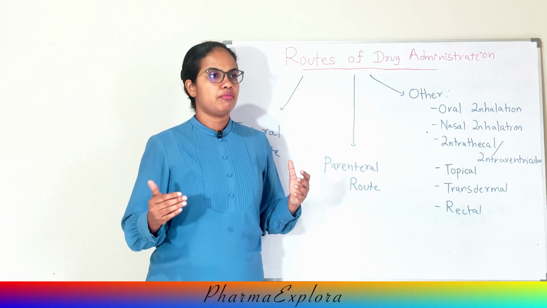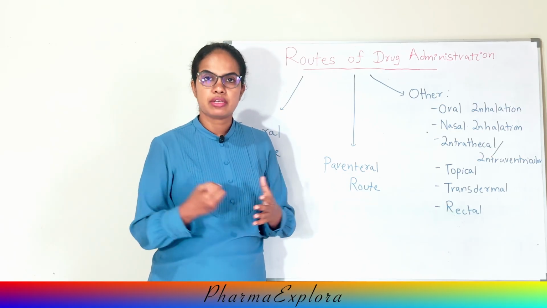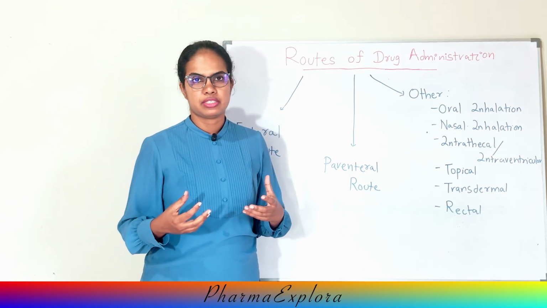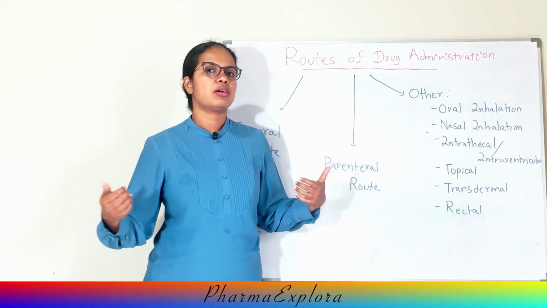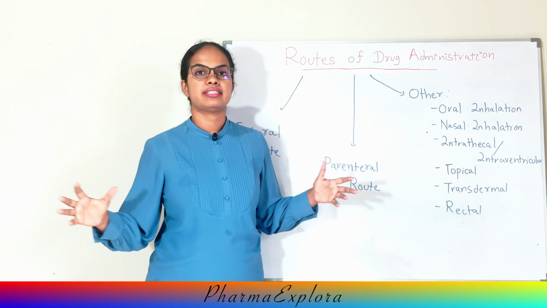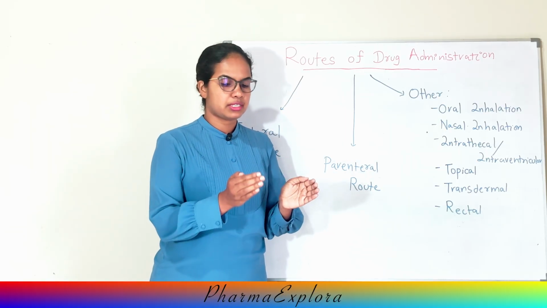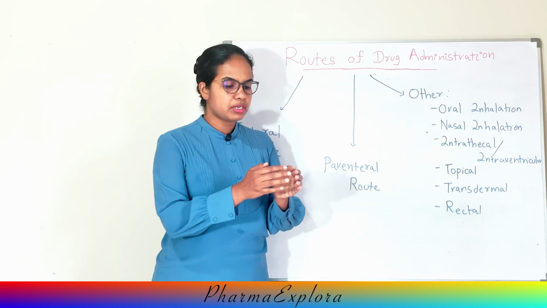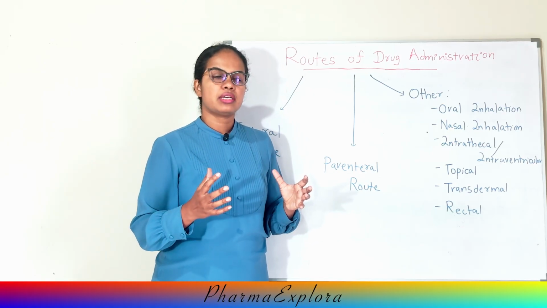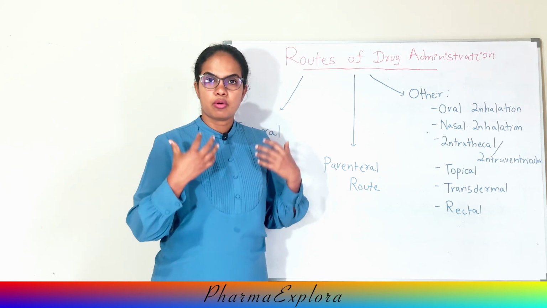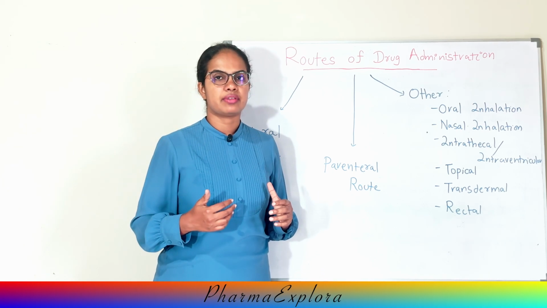For example, whether we want a rapid onset of action in an emergency, or whether we want treatment for a long-term chronic disease, or sometimes whether we want to confine the treatment to a local area to avoid exposing our whole body to that particular medicine, to minimize the side effects.